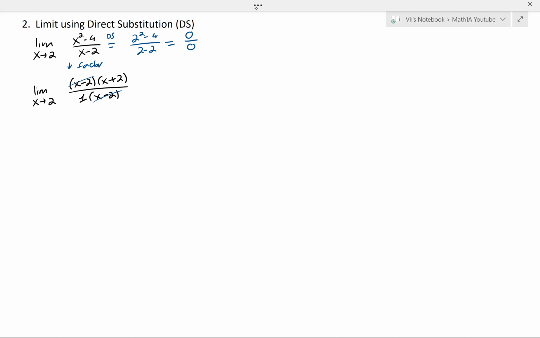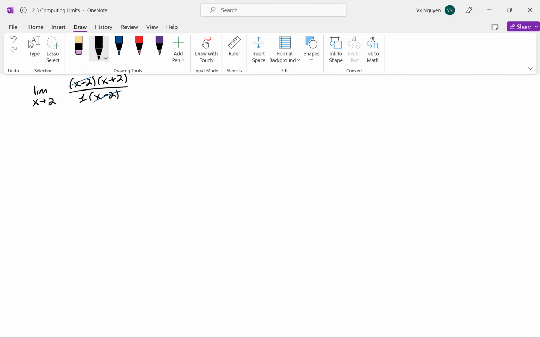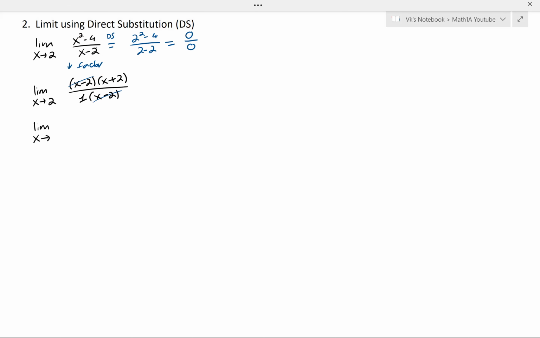The x minus 2 cancel out. So what we have is just the limit as x approaches 2 of x plus 2. And now we can use the direct sub to get 2 plus 2, which is 4. Beautiful.